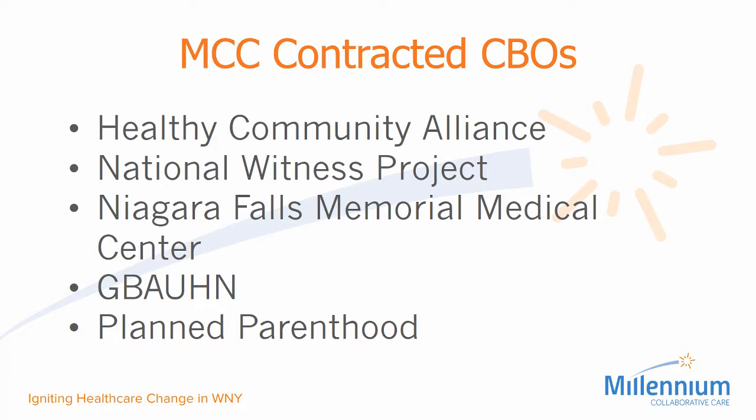The contracted CBOs that would be identified based upon their proximity to your primary care office are these CBOs: Healthy Community Alliance in the Southern Tier, National Witness Project in the central area, Niagara Falls in the northern area, GBON and Planned Parenthood also are in the central area.